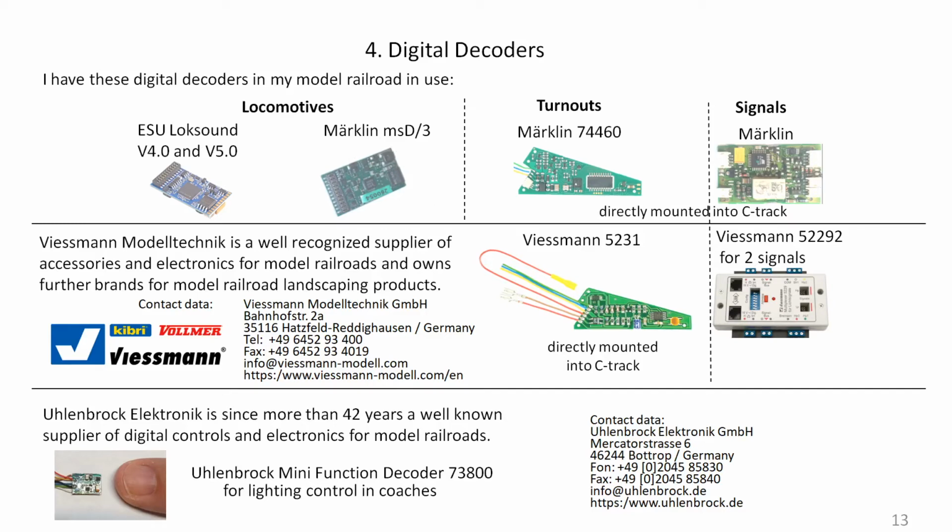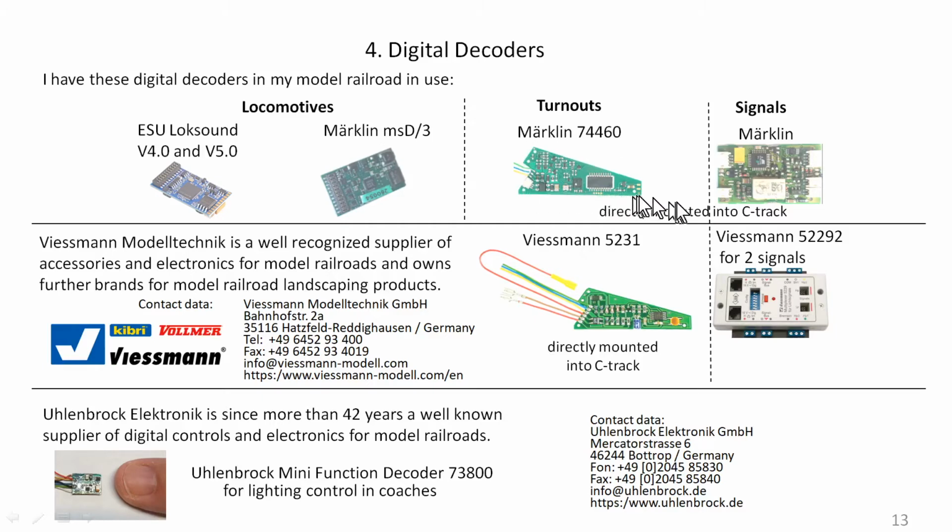There are different protocols on the market, like DCC, MFX, Selectrix, and others. I'm using only, really only, the DCC protocol to communicate from my digital model railroad controller to the locomotives. The other protocol I use is for signals and turnouts.